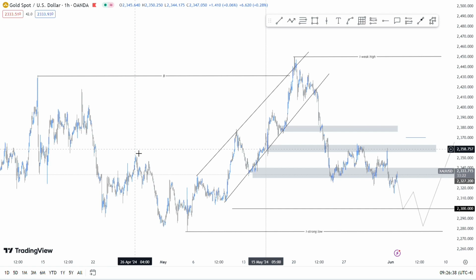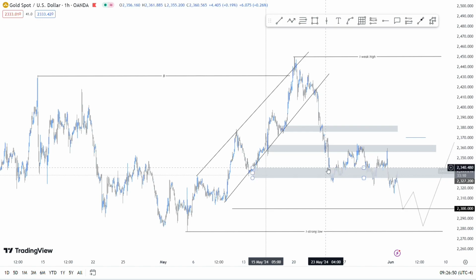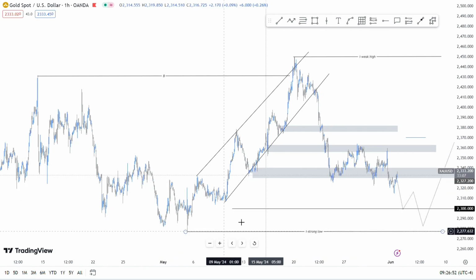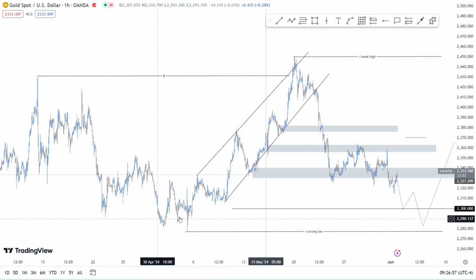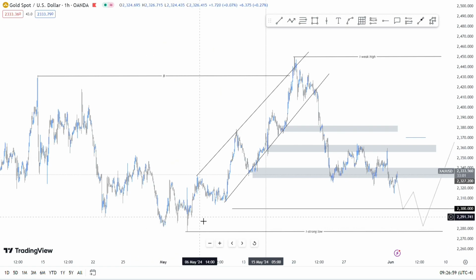Price was creating a channel of higher highs and moving upward, and then it broke structure here. You can see a breakout and a retest, and then price impulsively sold to this strong low. So we are expecting price to go to our strong low.